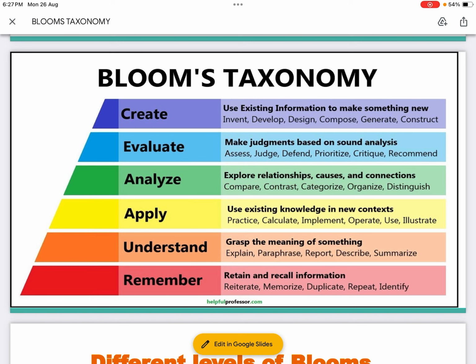That is the first level. Whenever a child begins to study something, the very first thing he has to do is remember it. Then what comes? Understanding.